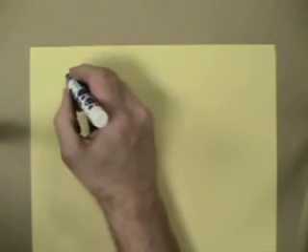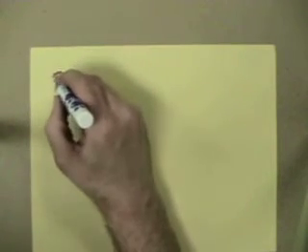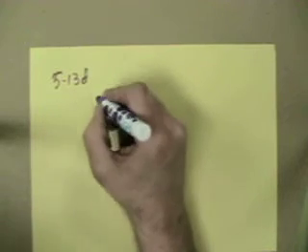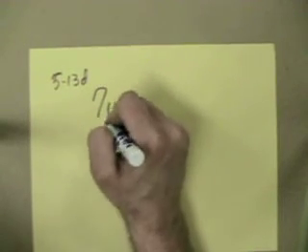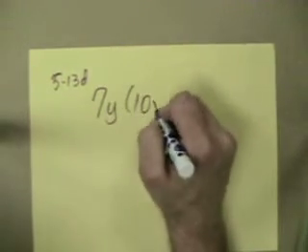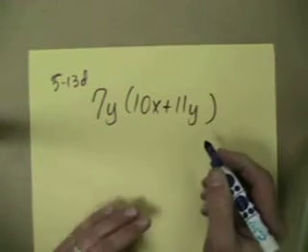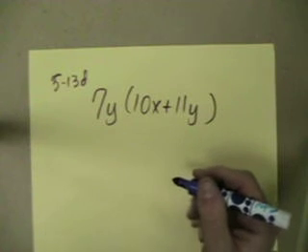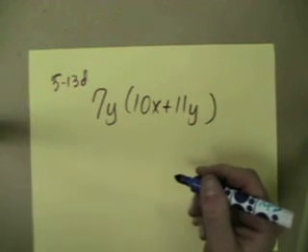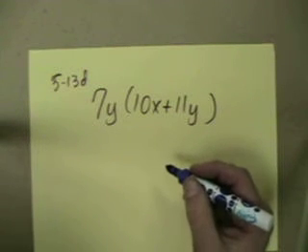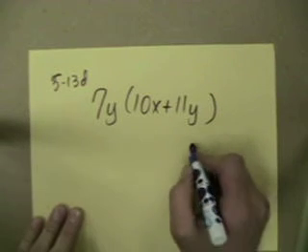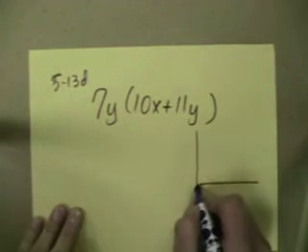This is problem 13 where they said something, for example, like in D, 5-13D, they gave us 7y times 10x plus 11y. Well, there's going to be way too many tiles there to even think about doing this on a tile mat. Just to think of what it would look like.